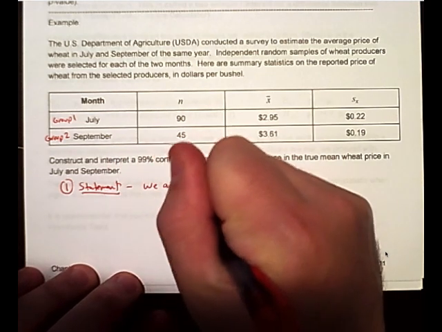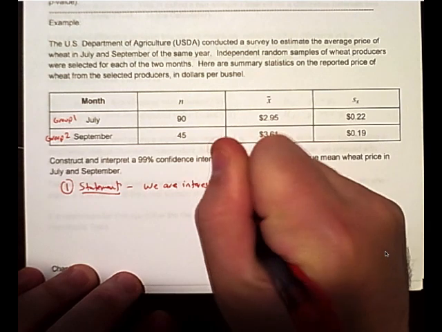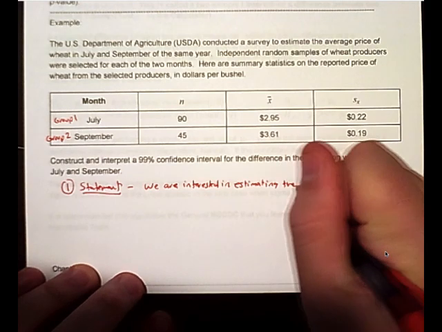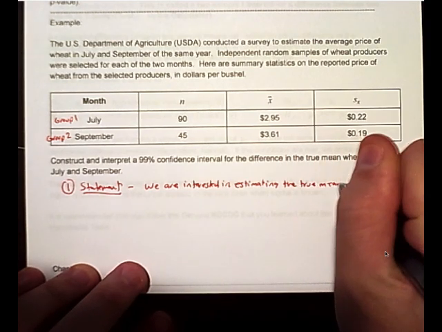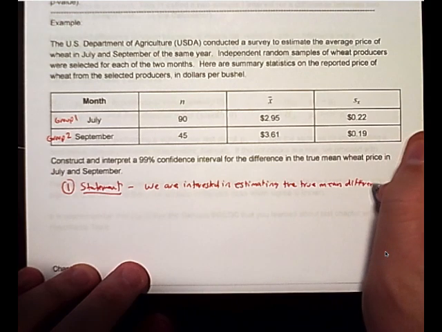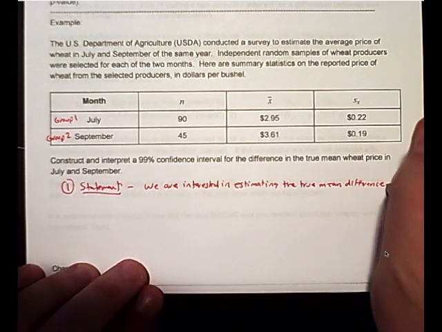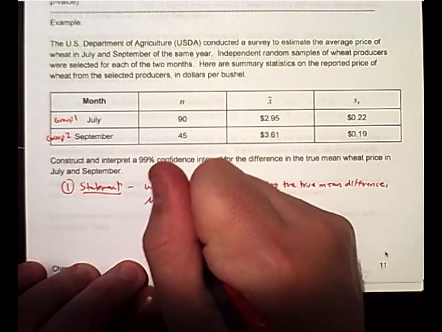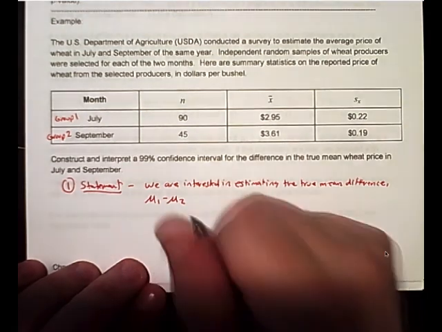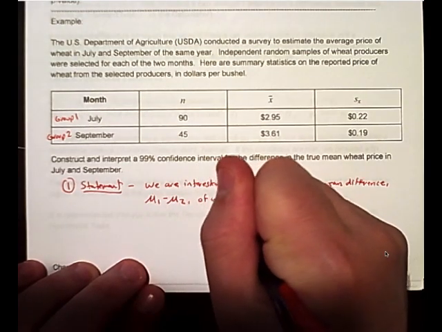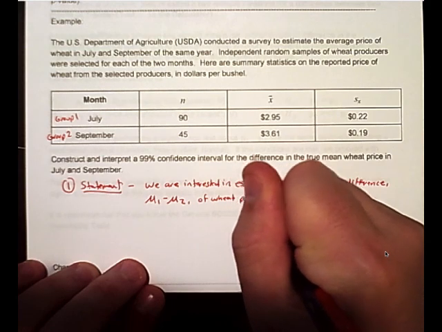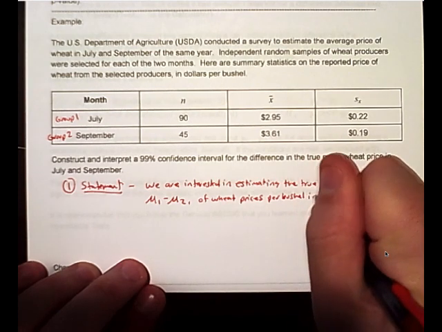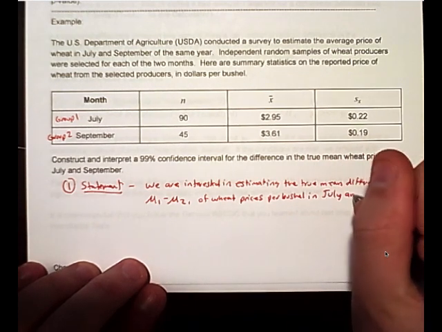We are interested in estimating the true mean difference, which I would call mu1 minus mu2 of wheat prices per bushel in July and September.